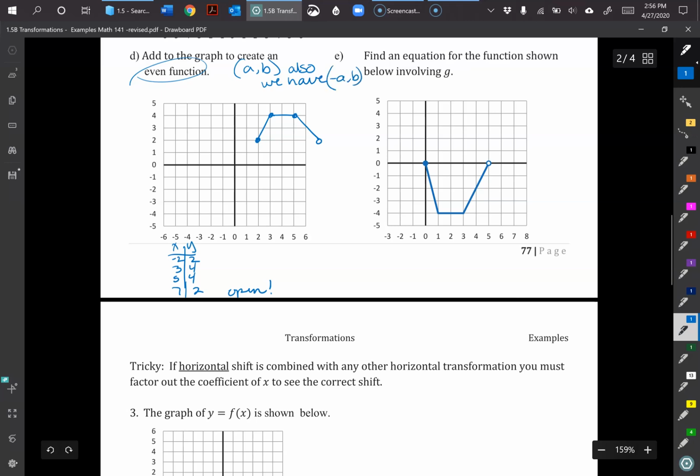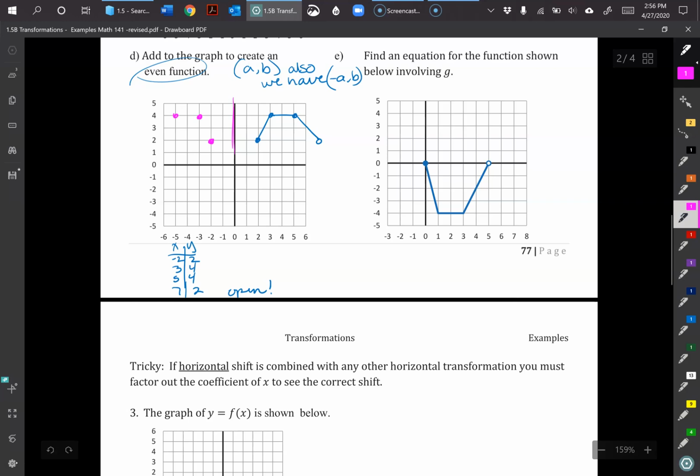So we need to draw the other side of this. We're not getting rid of that, we're just reflecting over the y-axis. So we can just do the symmetry there, which is kind of nice, not too bad.